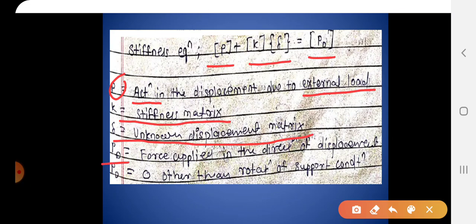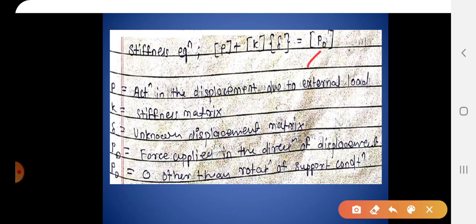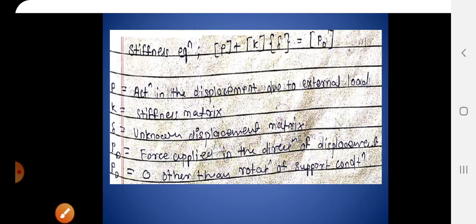Then PD is the force applied in the direction of displacement. It will be equal to 0 if there is no rotation or sinking of support, like in the flexibility matrix. Otherwise it will have some value.